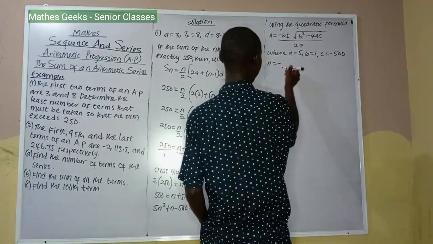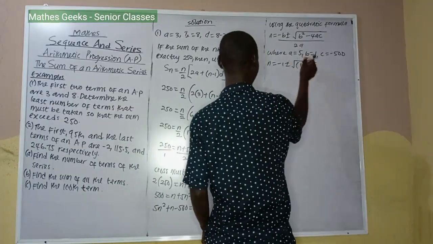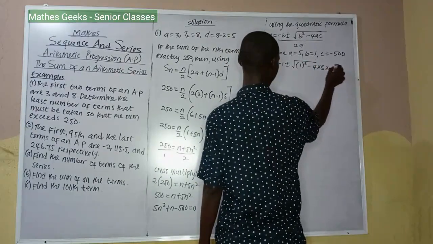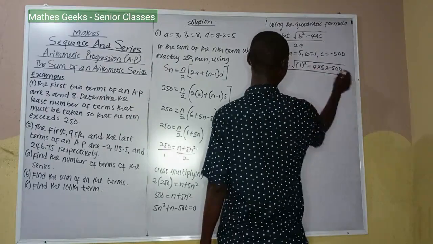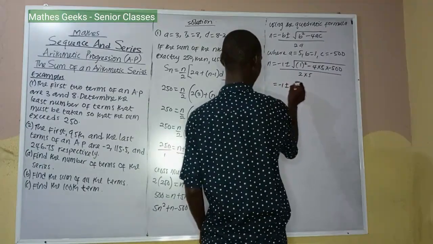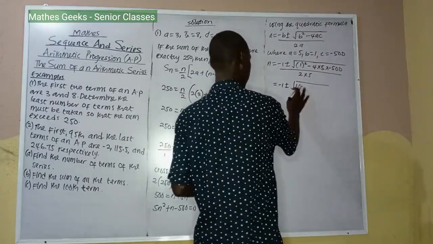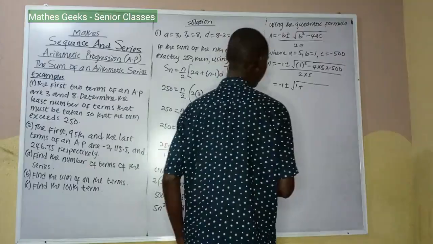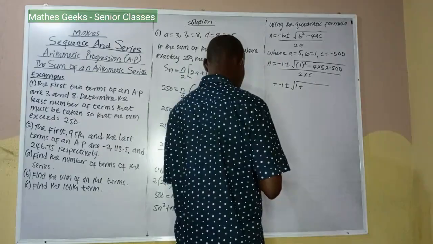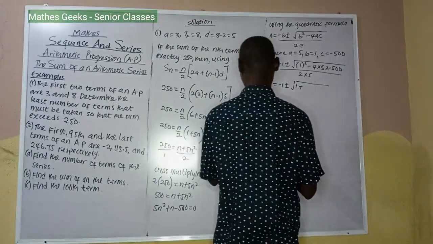So n is equal to minus 1 plus or minus the square root of 1 squared minus 4 times 5 times minus 500, over 2 times 5. Minus times minus gives us plus. 4 times 5 is 20, 20 times 500 is 10,000 rather.